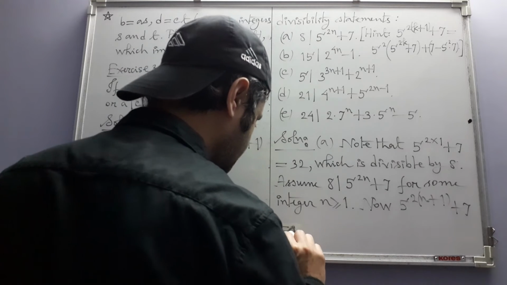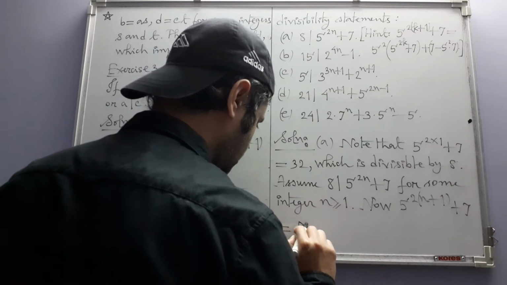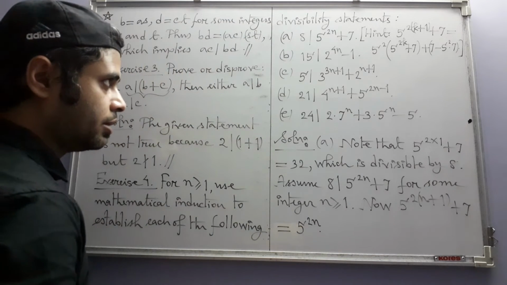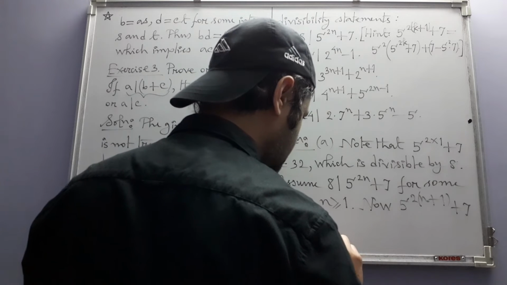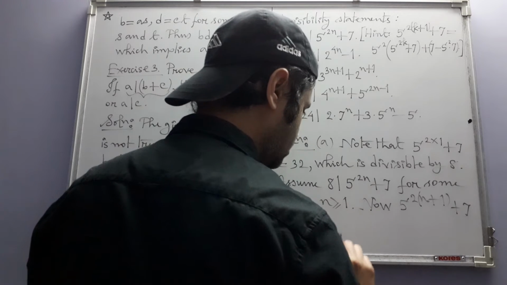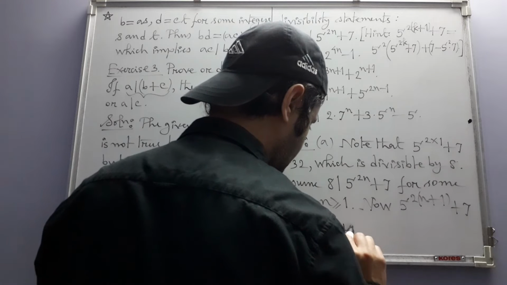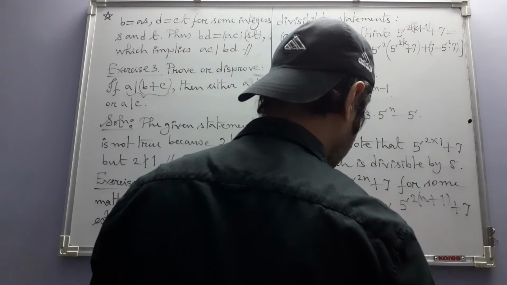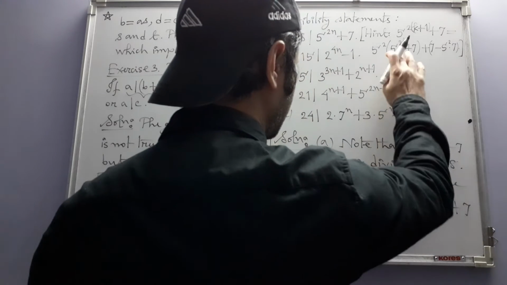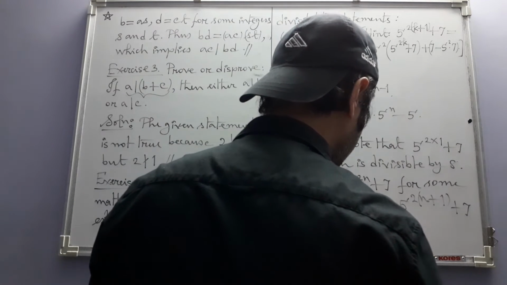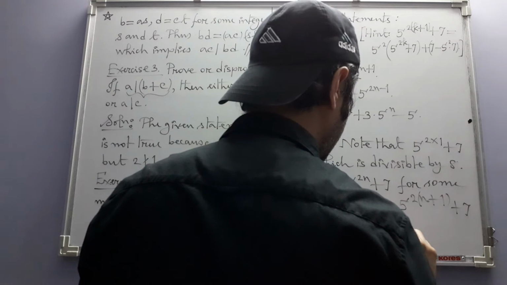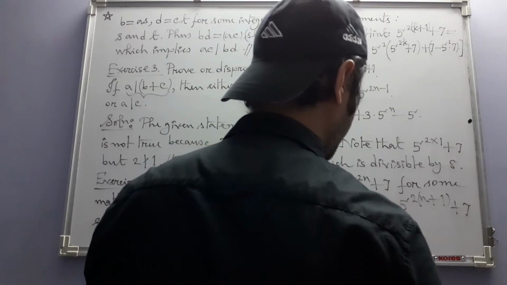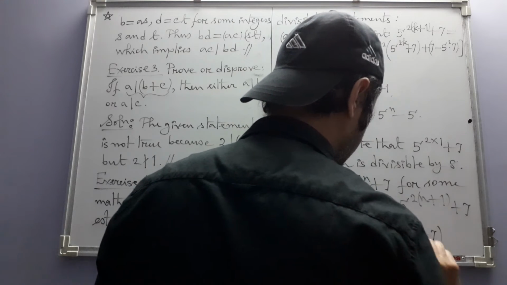This is equal to 5 to the power 2n times 5 square plus 7, and you can write this as what they have written here: 5 square times 5 to the power 2n plus 7.